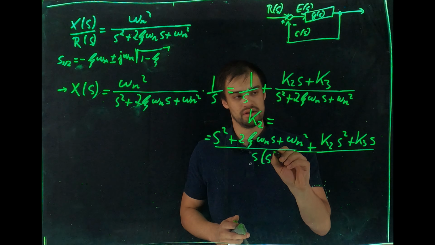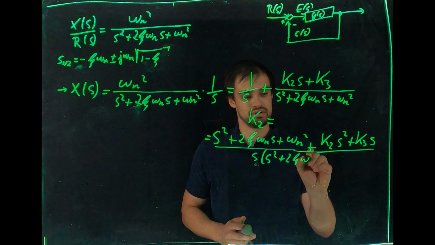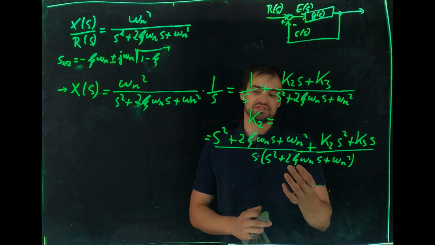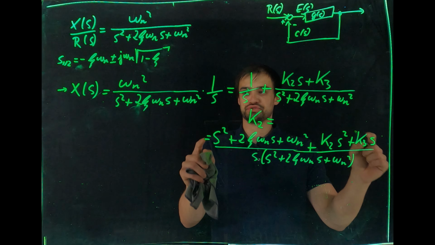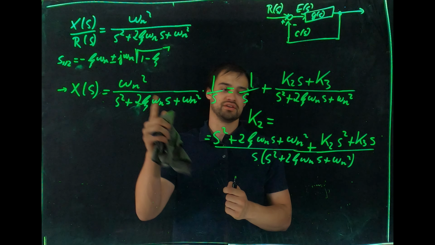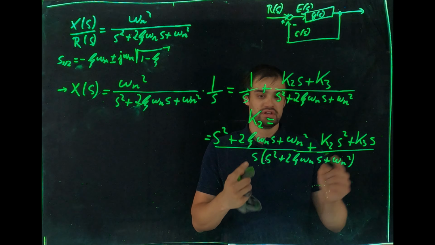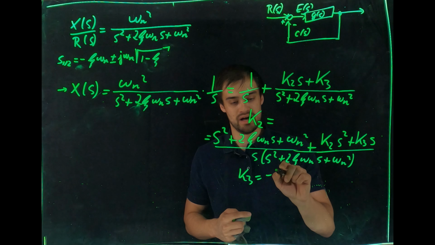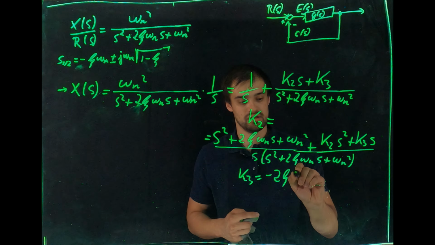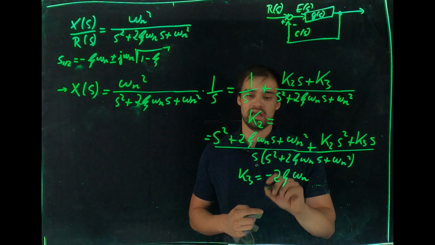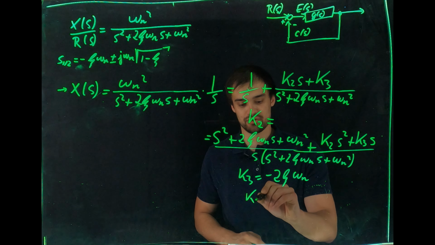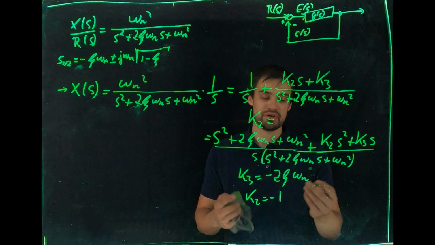We have s squared plus 2 zeta omega_n s plus omega_n squared. You can see now, if you want to get from this term the same which is written on the left-hand side, only in omega_n squared, this one has to be minus 2 zeta omega_n, and this one has to be a minus 1. Do you see where I'm coming from?